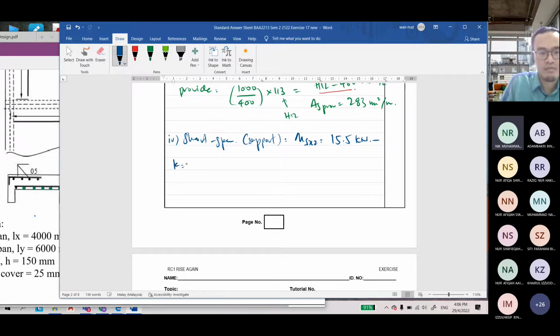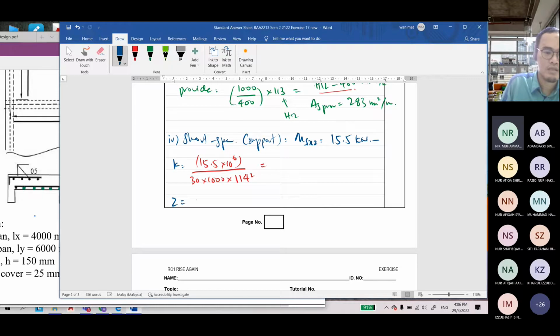So the K is equal to 15.5 divided by 30 times 1000 times the d is still 114 square. Please get me the value.